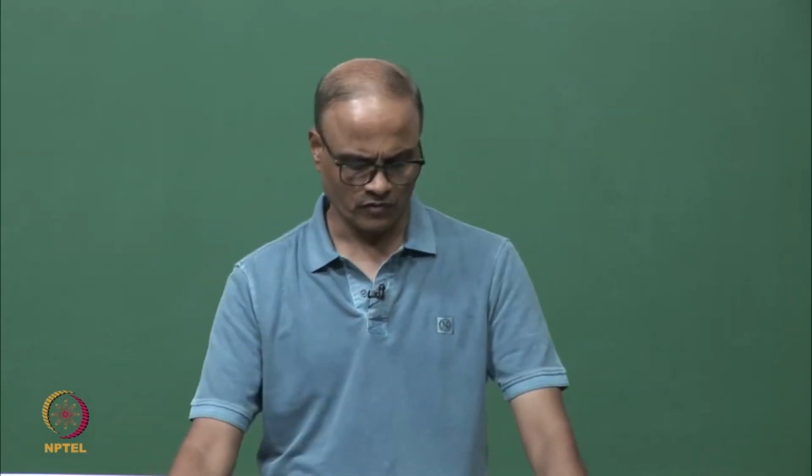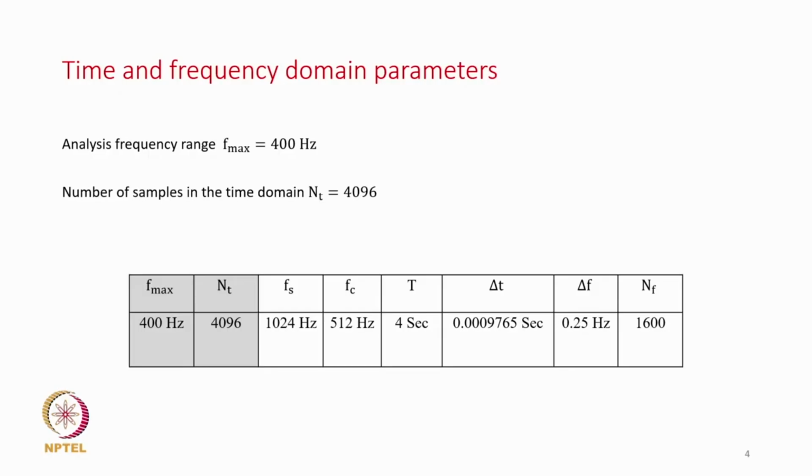So this table shows various parameters of the time and frequency domain. You can see we have now a sampling frequency of 1024 Hertz, which is 2.56 times the F max, that is the maximum frequency range of measurement. Then FC, which is the cutoff frequency of the anti-aliasing filter, is 512 Hertz, and then we have taken a record length of 4 seconds.